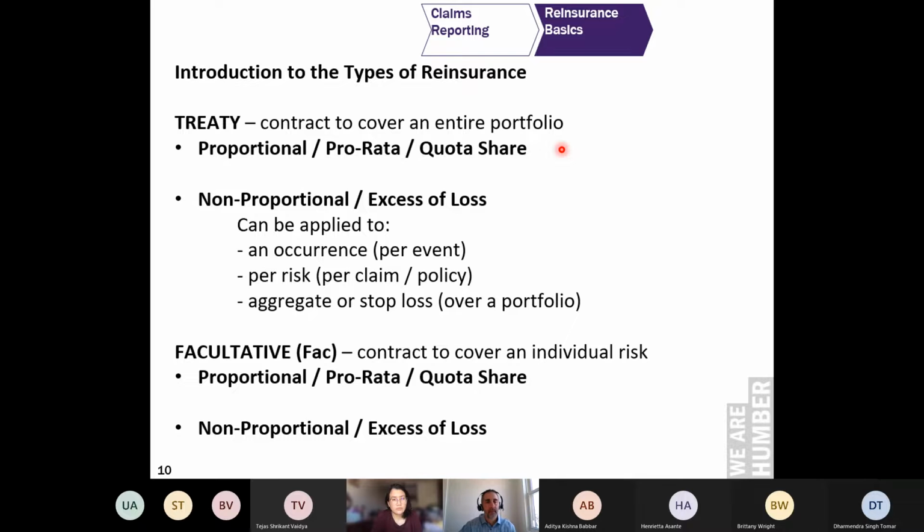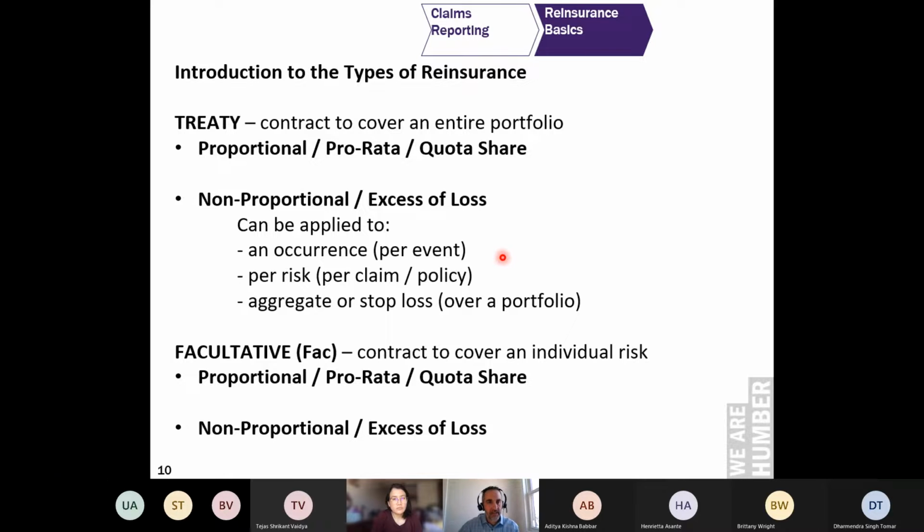Okay. Excess of loss, on the other hand, is not proportional, so the insurance company is going to be paying a negotiated amount of premium, and the amount of claims to be recovered they don't know at the time, but it's based on certain thresholds on claims that are subject to that reinsurance agreement.